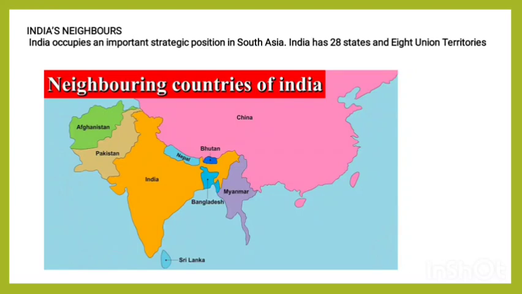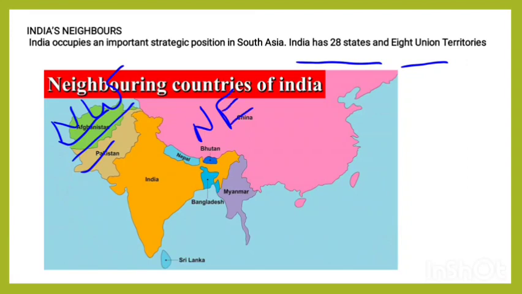Now we will discuss the neighboring countries of our India. India has 28 states and 8 union territories. The countries that surround India: in the northwest there are Pakistan and Afghanistan.